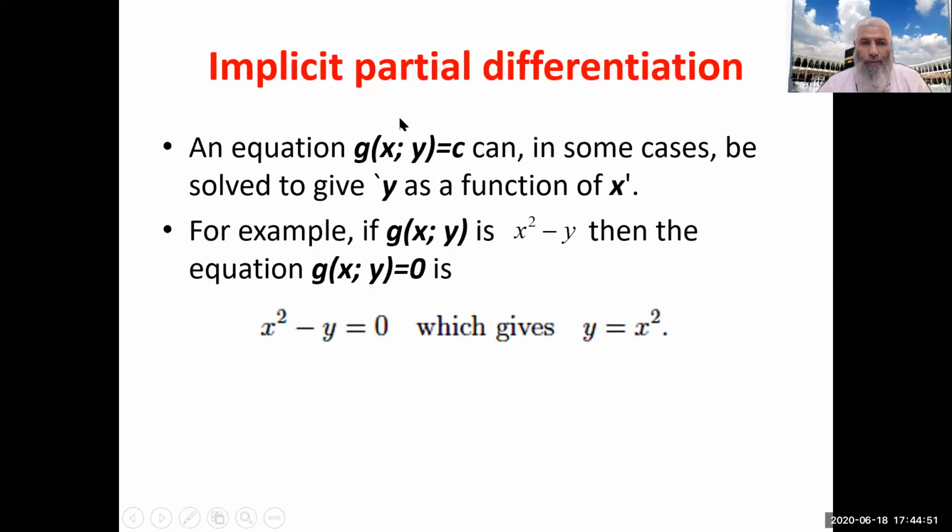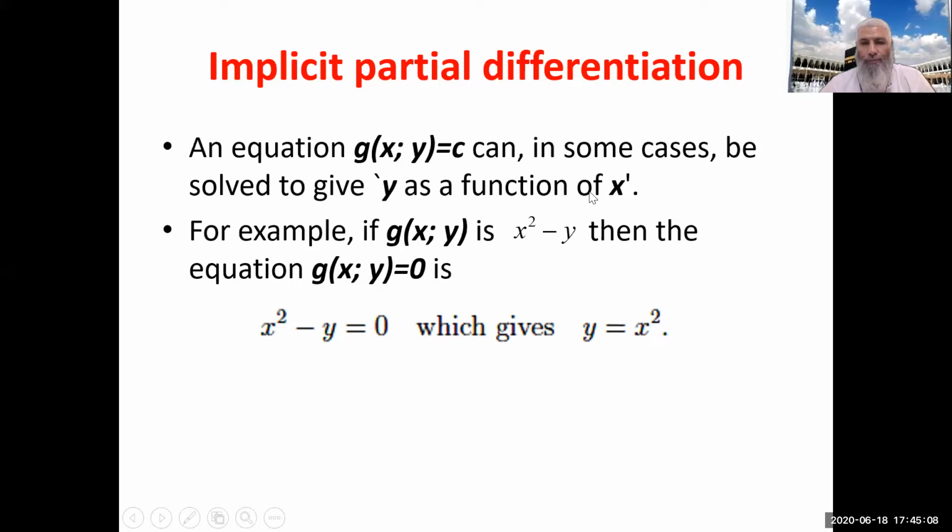Let's see. Implicit partial differentiation. An equation g of x, y equals c can, in some cases, be solved to give y as a function of x.